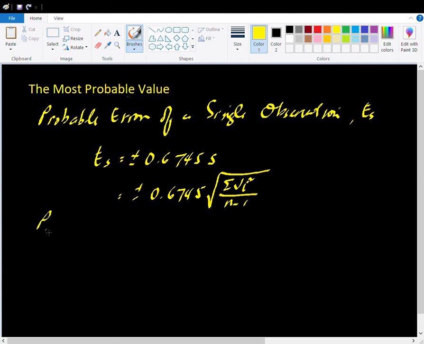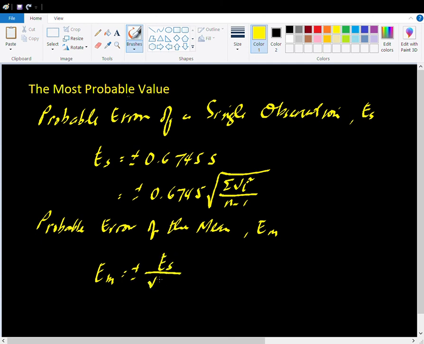Then we also have the probable error of the mean. Okay, so this is the probable error we expect for a single observation, while the next one is the probable error for the mean itself. And we denote this by E sub m. And E sub m is plus minus the probable error of a single observation over the square root of n.